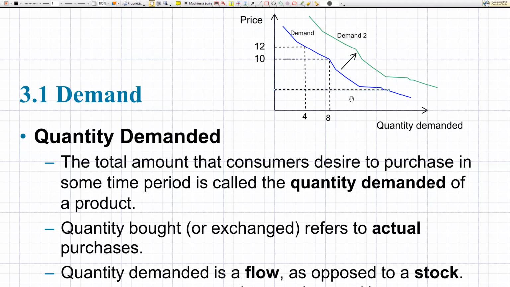Then I get a quantity of 8, 16, like 20 something. But I keep moving around this curve. Right. Oh, okay, just moving.